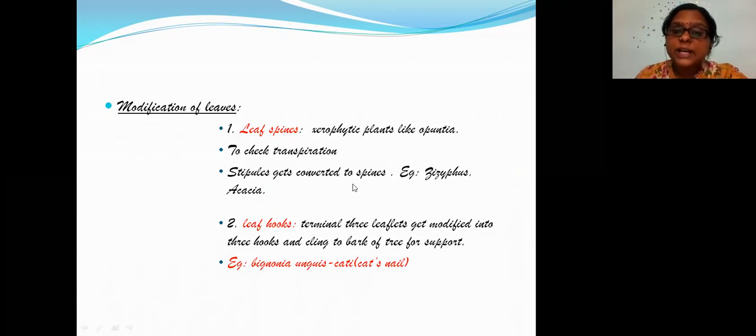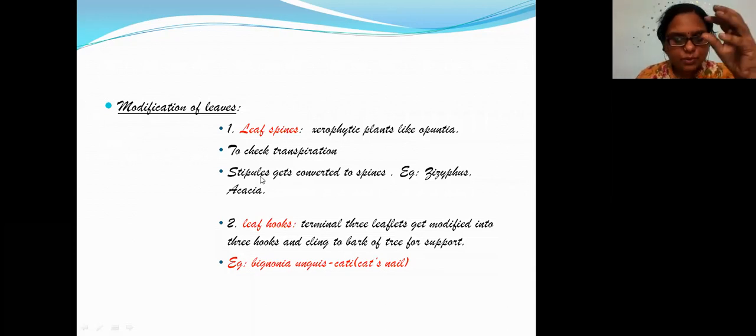In Opuntia and others, the stipules get converted into spines. Stipules are the covering for the bud, and they are getting converted into spines. Ziziphus, acacia and others are examples of leaves which have modified themselves into spines.